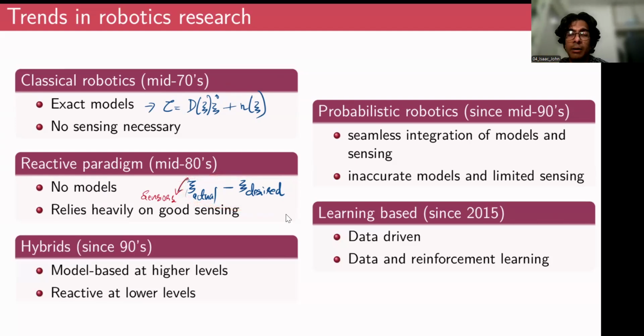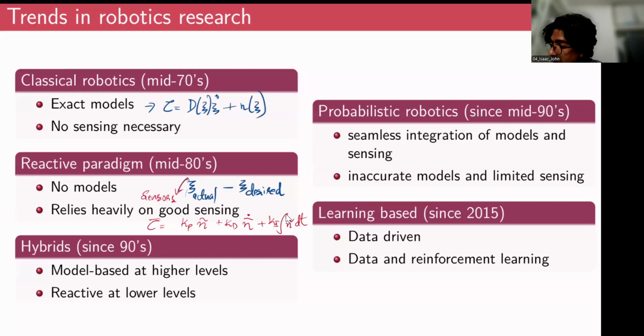This is how PID control came into existence, because we would give a control input in this form: the control input tau as Kp multiplied by the position error, plus Kd multiplied by the derivative of the position error, plus maybe an integral term, Ki multiplied by the integral of the error between the actual and the desired coordinates.